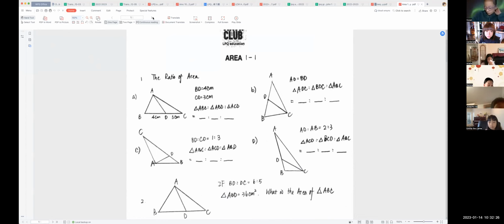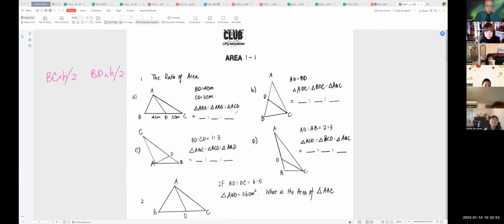The student says, teacher, how do we do this question? You only told me the measurement of this part and this part. How do we know the whole thing? We know that because the area of ABC equals BC times height divided by 2, right? And ABD equals BD times height divided by 2.